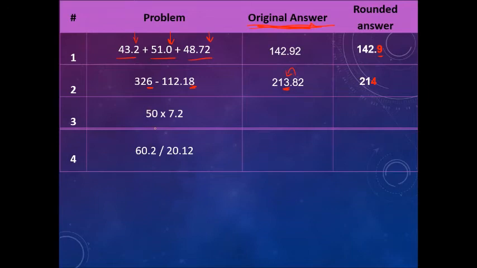Looking here at the 50 times the 7.2, what is the calculator answer? 360, very good. Now we have to count the number of sig figs in our original measurements. In 50, how many significant figures does this number have? Only 1, very good. 7.2 has how many digits? 2, good. So how many can I have in my answer then?